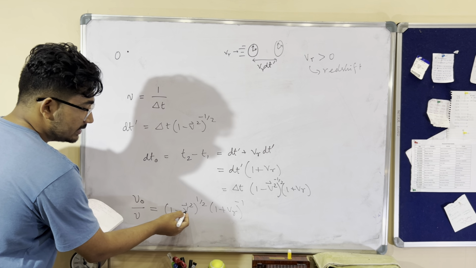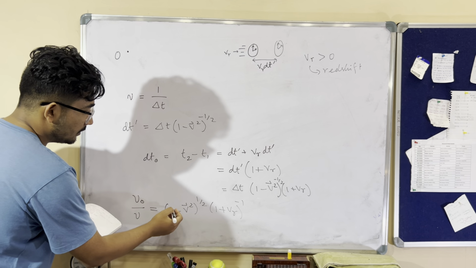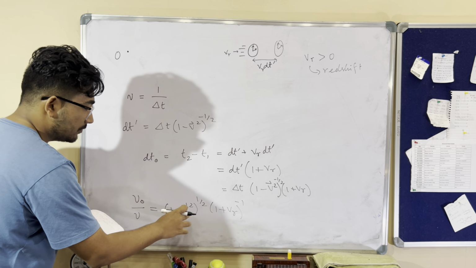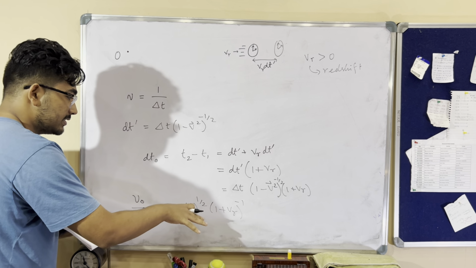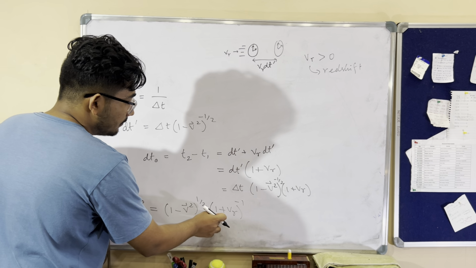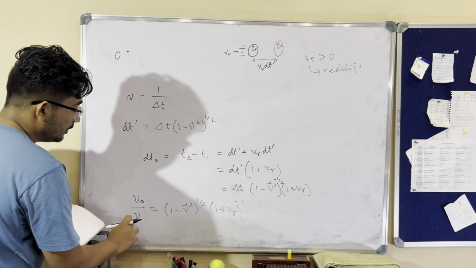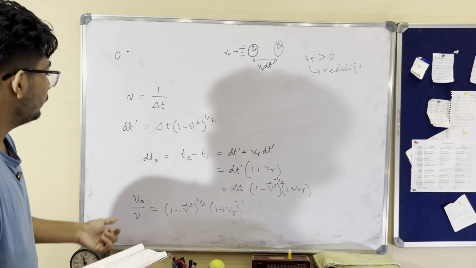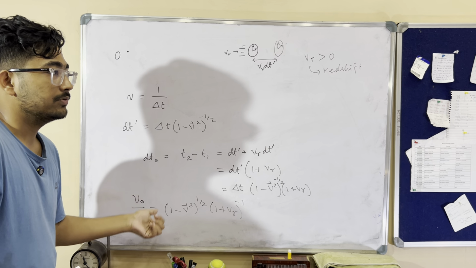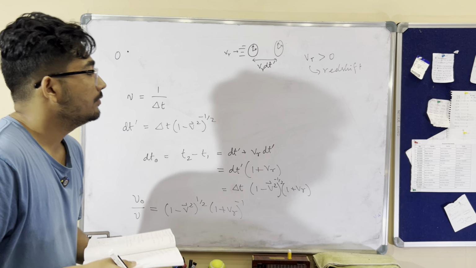As V is less than 1, V square is also less than 1, so 1 minus V square to the power half is also less than 1, divided by 1 plus some positive number will also be less than 1, and that will show that mu naught will be less than mu. So, the wavelength of this will be greater than this one. So, that's why it's called a redshift.